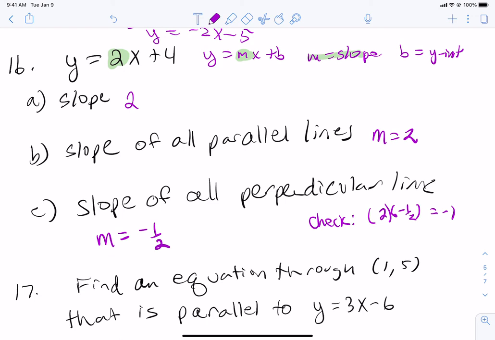Since positive 2 times negative 1/2 is negative 1, that's a really good way to go, oh yeah, they work. Okay. So parallel lines, the slopes are the same; perpendicular, they're opposite signs and reciprocals. Flip it and change the sign. Exactly, that's correct. So there's 16.